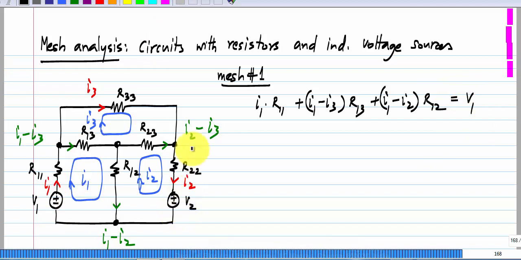Now this is the Kirchhoff's voltage law equation around this loop.